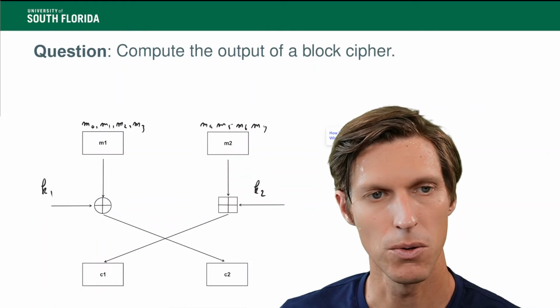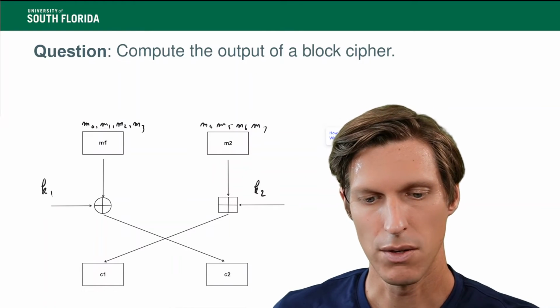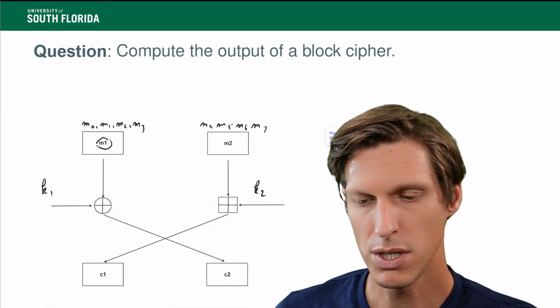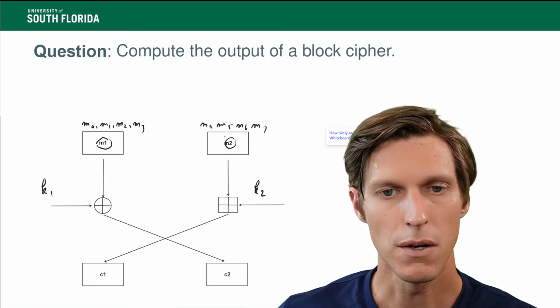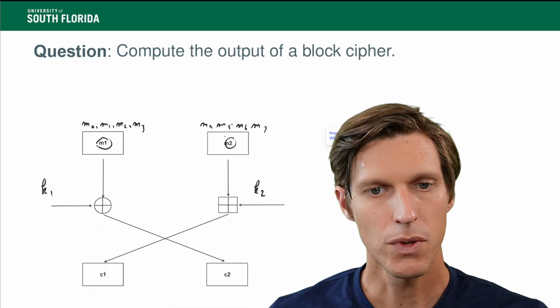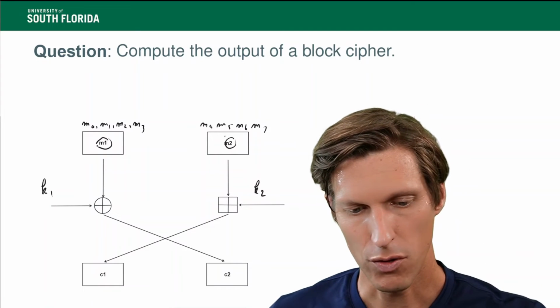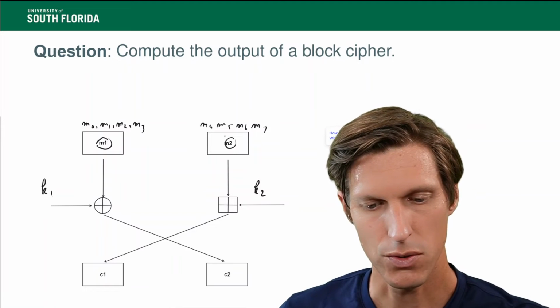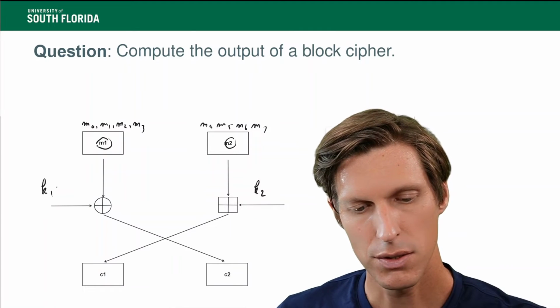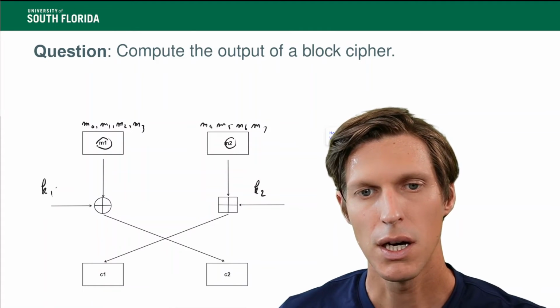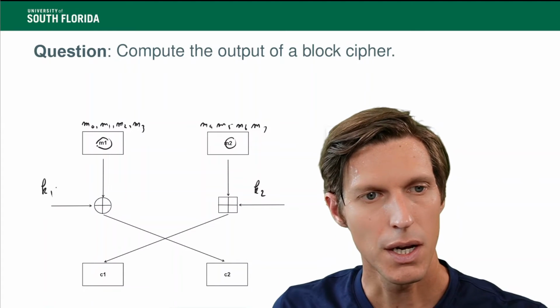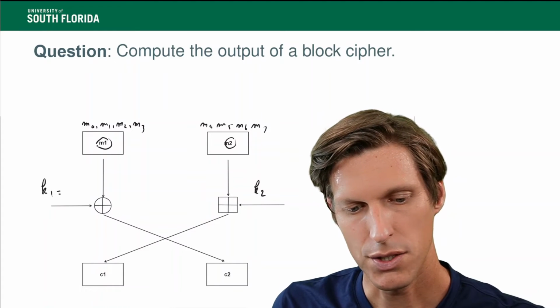And then I follow. So I say, okay, this first block goes here, this second block goes here. And then what do I do? Well, I decide that I want to, for example, XOR. So this diagram will tell me here that the first half of the key would be XORed by this first half of the message.